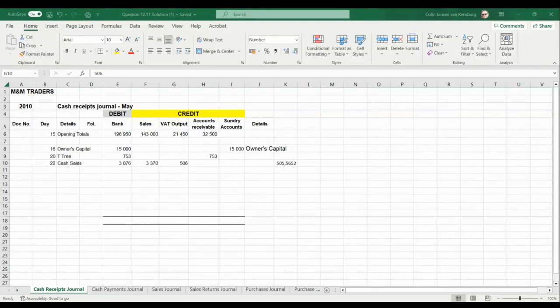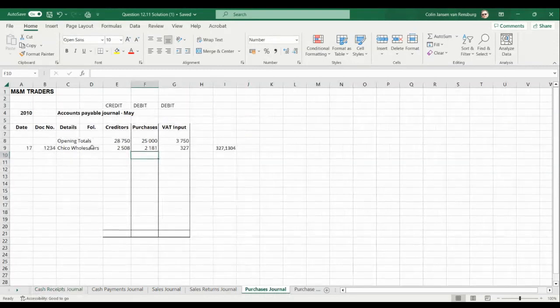So it is a supplier of ours. We remember Chico Traders. Maybe we can just go there. Go to our purchases. Where's our purchases journal? There. Well, remember, we bought some merchandise from Chico wholesalers. That was recorded in the purchases journal.